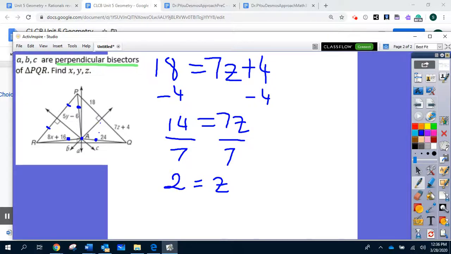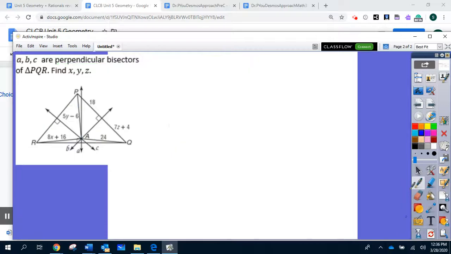The next step, let's try to find x, knowing that AR is equal to AQ. So I have the equation 8x plus 16 should be equal to 24.